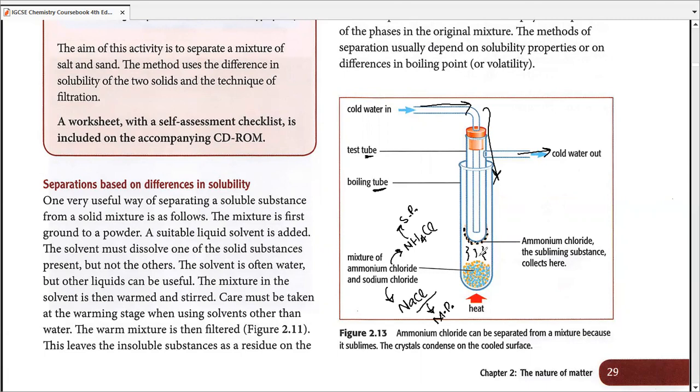So as soon as these hot vapors experience this cold end of the test tube, they are immediately converted back into the solid. They convert back in such a quick way that they stick to this test tube. So we keep on heating, this keeps on subliming, and keeps on sticking to the test tube.